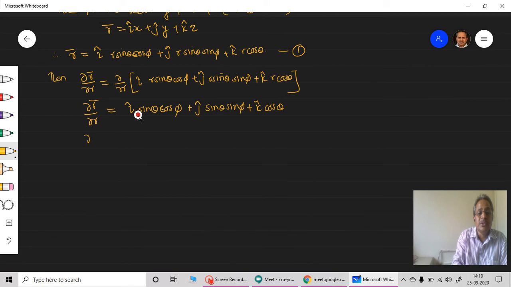Similarly, you obtain the partial derivative of r bar with respect to theta. Here the term is sin theta, here it is sin theta, and the last term is cos theta.